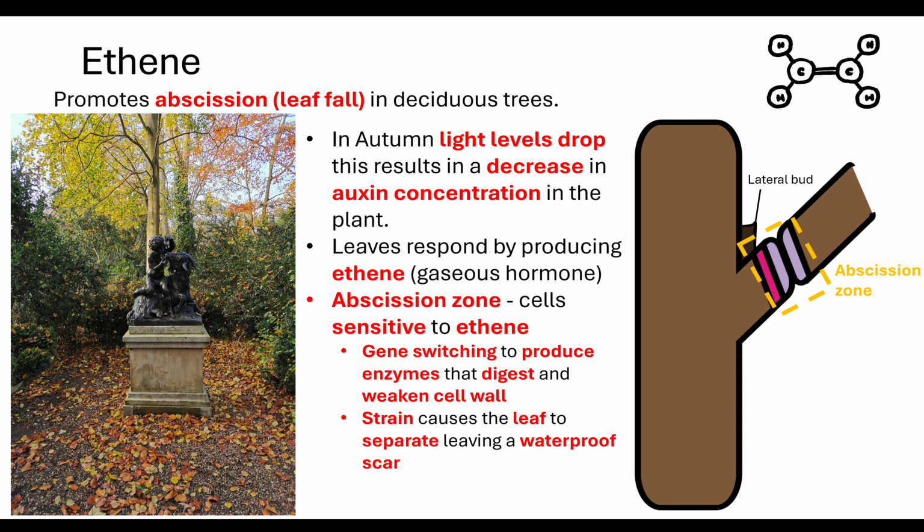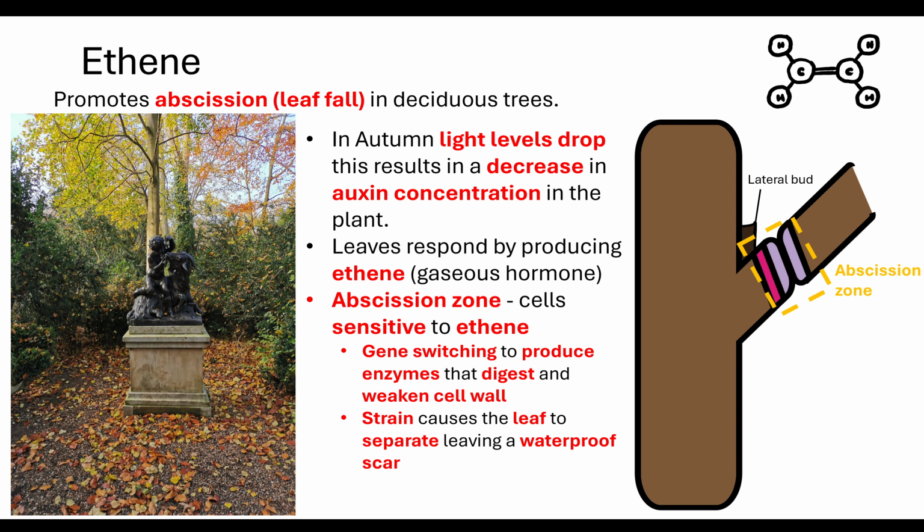Now that is because the temperatures are decreasing, the light levels are decreasing. The plant doesn't want to waste producing the chlorophyll molecules, producing all the necessary proteins and structures to keep the plant leaves in position if they're not going to be able to photosynthesize as much because there's less light. So this links very nicely to the light-dependent reaction of photosynthesis.